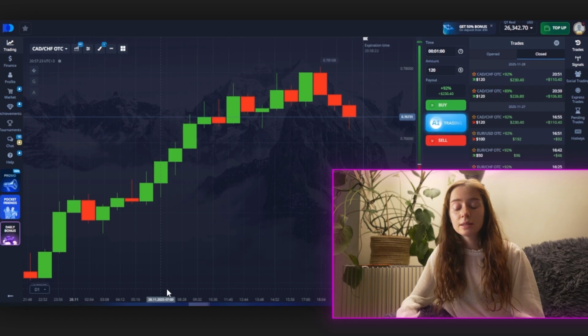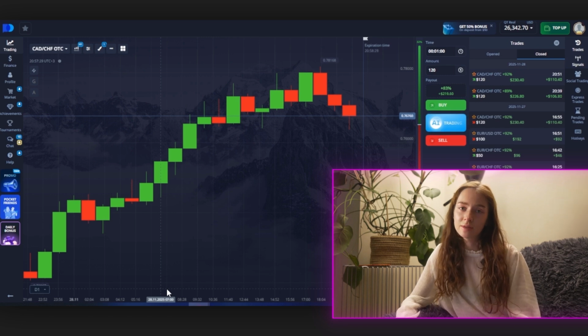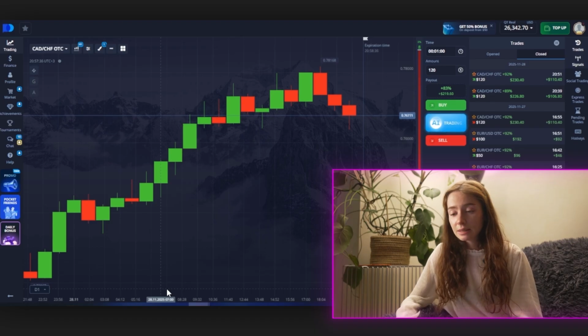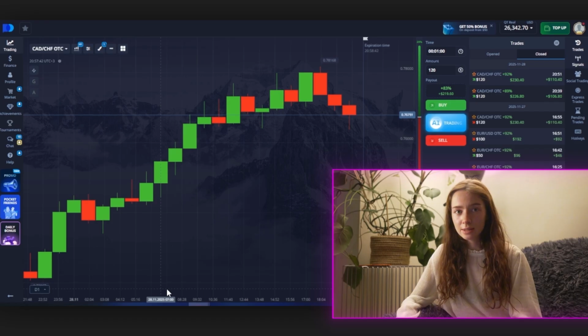If you make 10% profit in a day, I recommend setting a stop limit and stopping. You're already in profit. Do not chase fast money. The market is not going anywhere. The main goal is to preserve your balance.